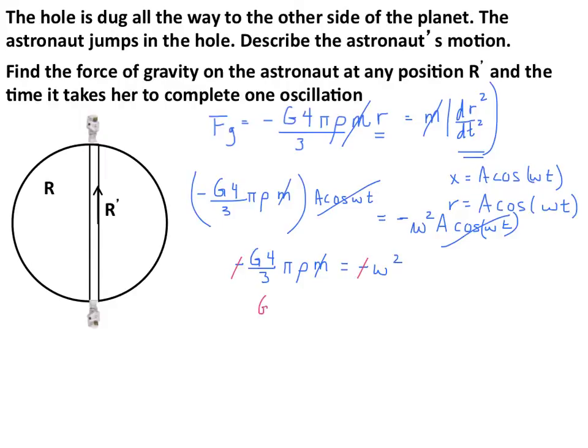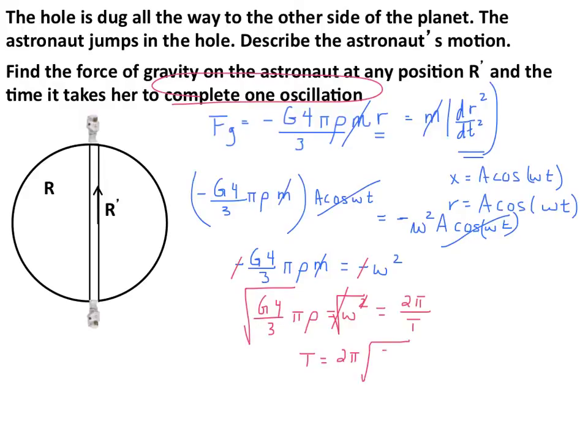and we're left with, again, this is very similar to equations that we've seen before when we've derived our period. Remember that if I take the square root of both sides, omega is equal to 2 pi over T. Well, T is the period, the time it takes to complete one oscillation, and that's what we're trying to solve for. So T is equal to 2 pi. If a fraction goes down to the bottom, we can just multiply by the inverse.